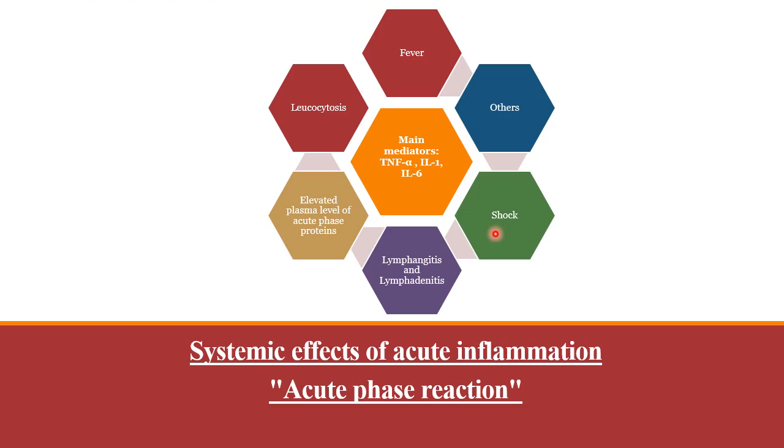Today we are going to discuss the systemic effects of acute inflammation, or the acute phase reaction. Already we have covered the effects or the response of the inflammation at the site of injury or site of bacterial entry, and we even described many of the inflammatory responses that are localized.